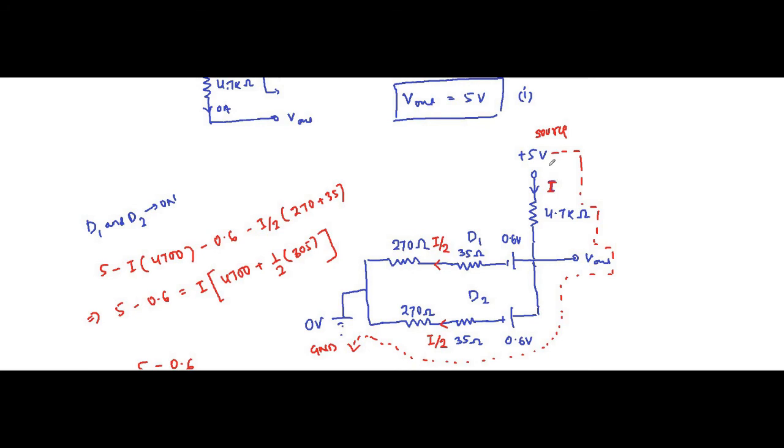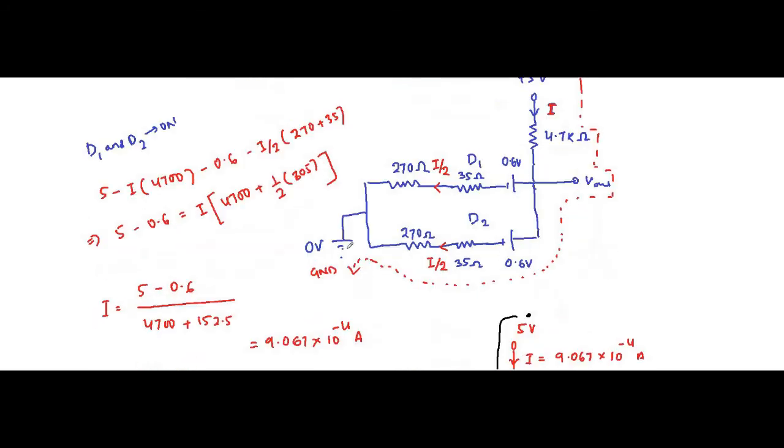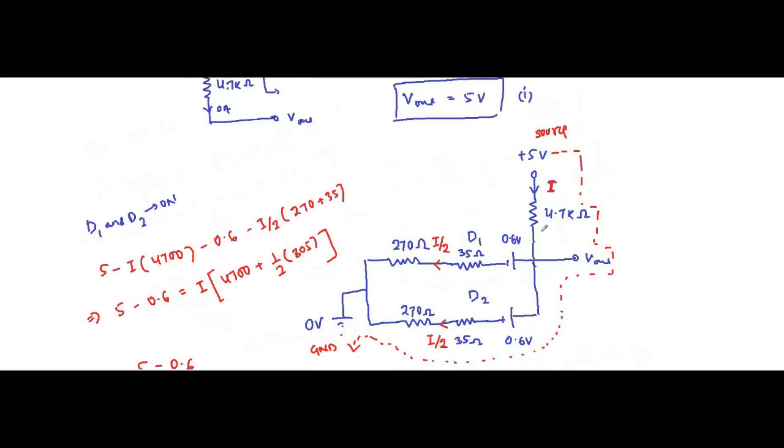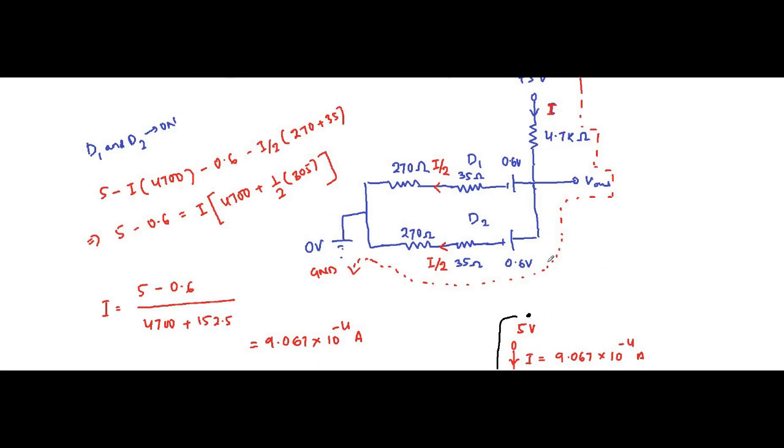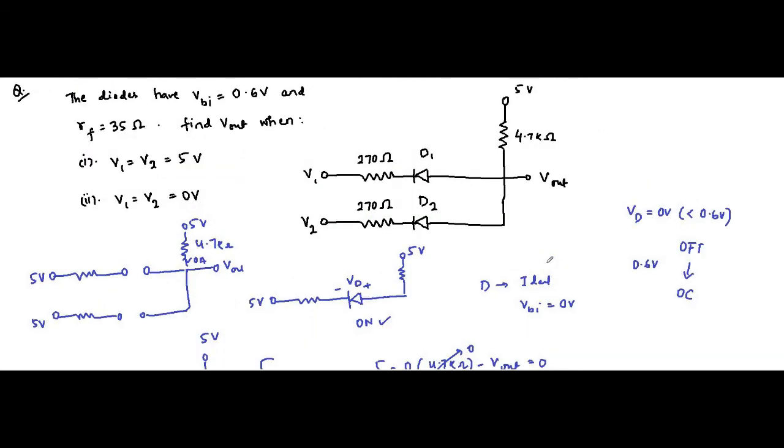So we applied KVL from source to ground to find the value of I. Then after finding I, we applied KVL again from the source node to the output node to determine Vout, and we got the output value as 0.738 volt. So this is the solution here.